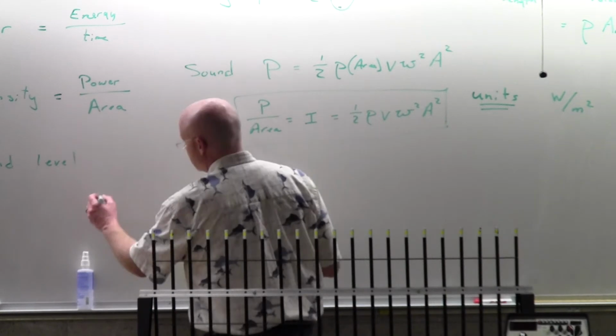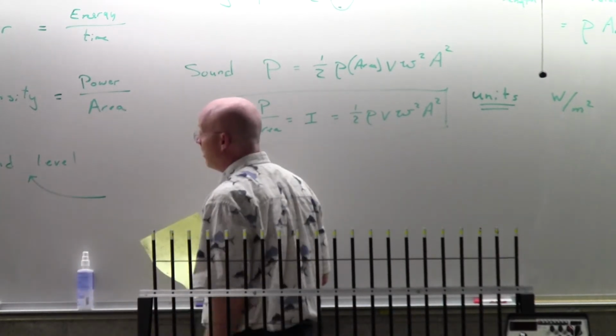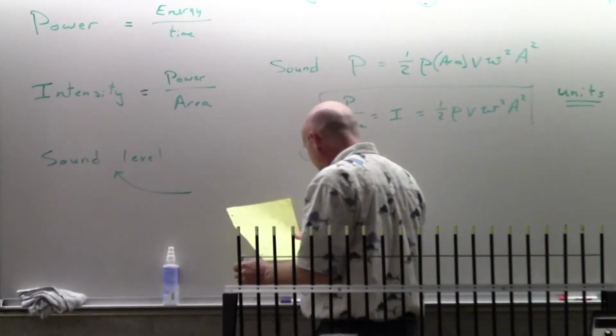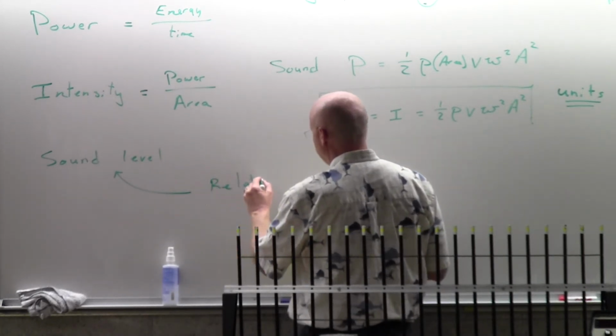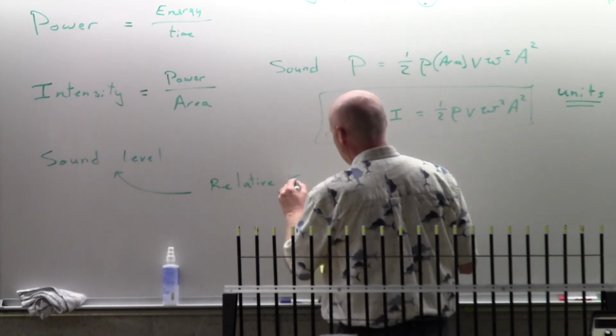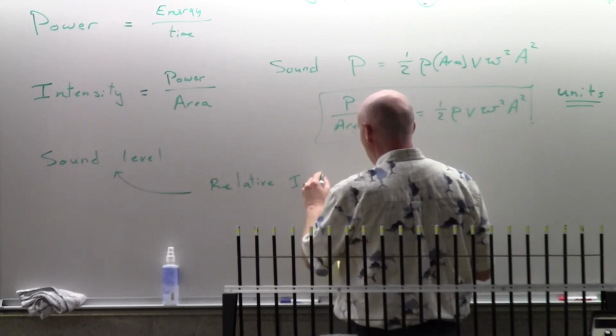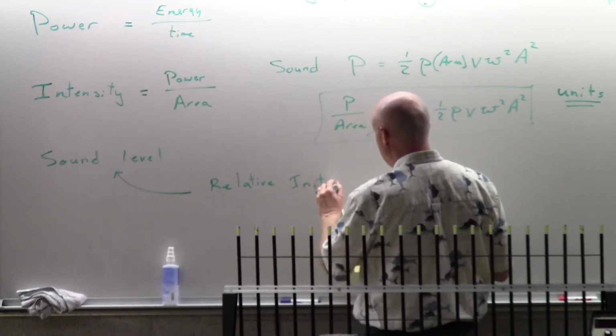But this sound level is connected to intensity. And I think so much so that it's why people confuse the two. They are so close that when you are saying one, you are really saying the other.